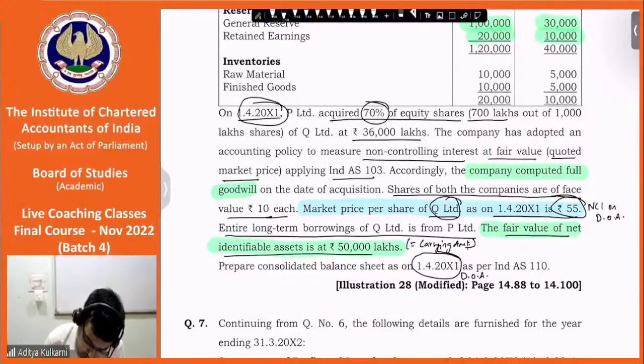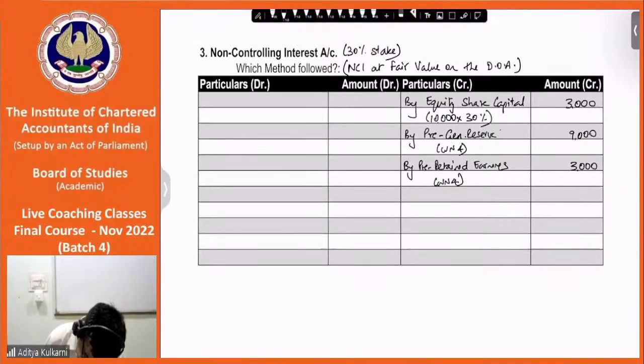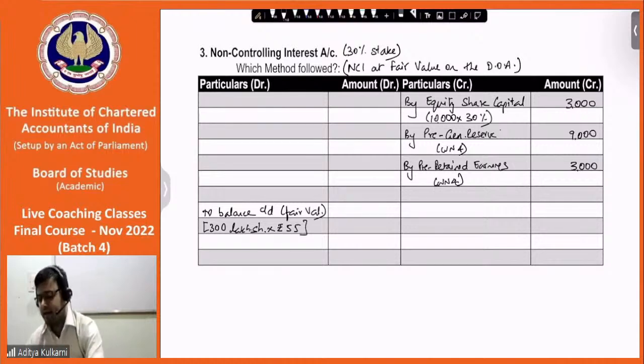So NCI, by balance carried down. This is fair value. 300 lakh shares into rupees 55.